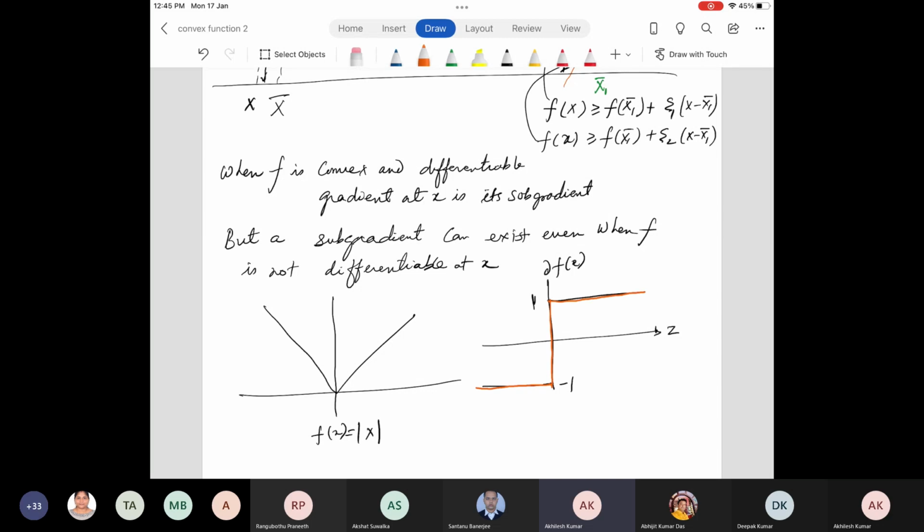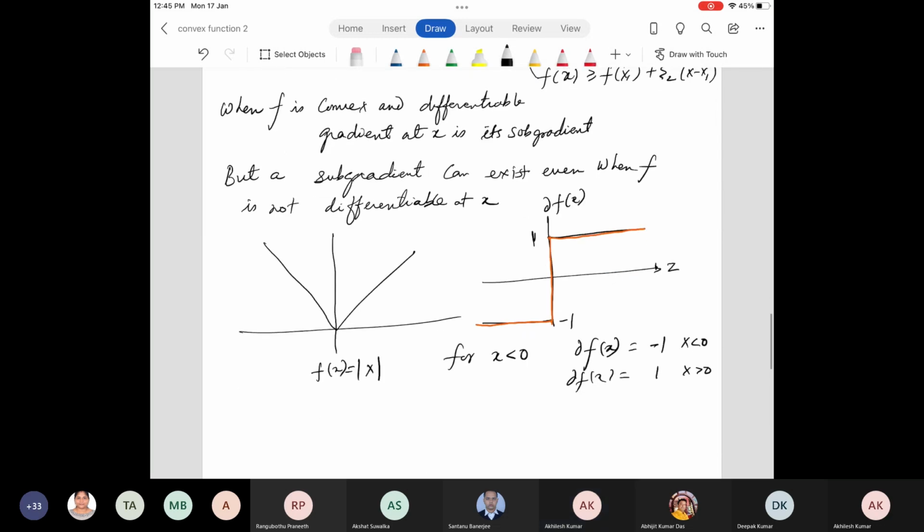Now, if you look at it, for x less than 0, what is the subgradient? Equals -1. For x less than 0, del f(x) equals -1, and 1 if x is greater than 0. But at x equals 0, we have two gradients actually.